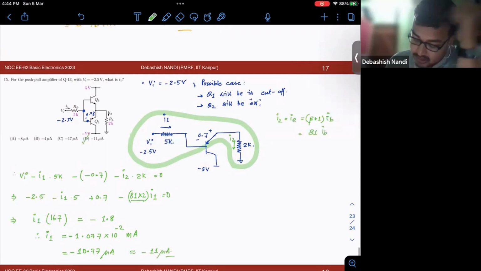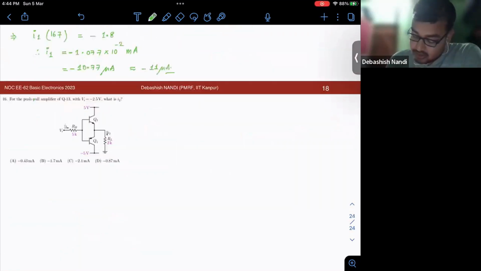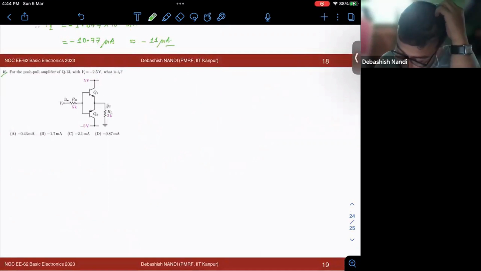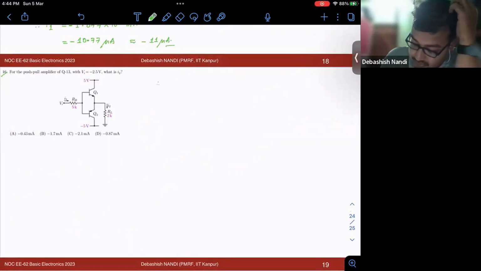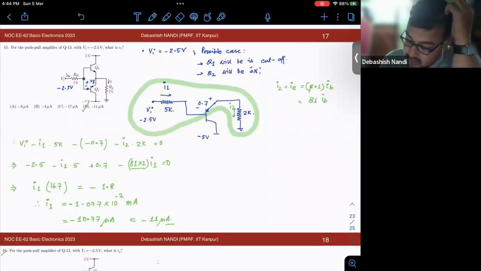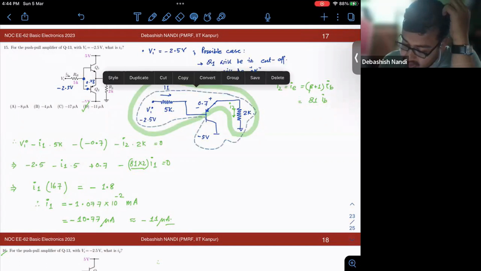Again, to do problem number 16, same way, you need to find out I2. How can you find out I2? You need to just copy this circuit.